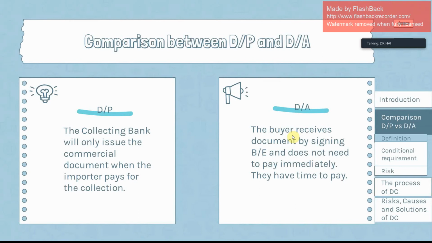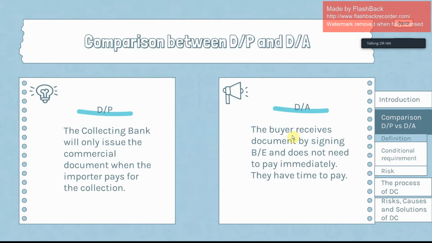For example, the value of the documents is 100,000 US dollars. Please listen to me, all of you. Suppose that the amount of the documents is 100,000 US dollars. Suppose that the collection fee is $20. $20 only.